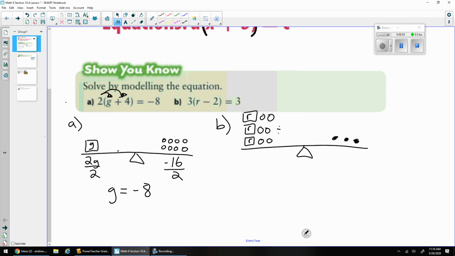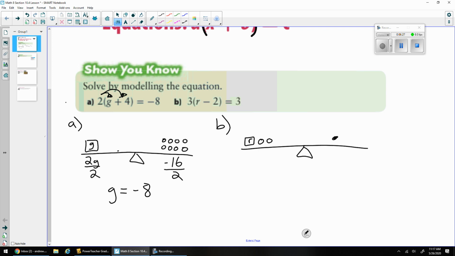So if I divide this side by 3 and this side by 3, I'm only going to have 1 out of those 3 left. So I get rid of these 3. That would leave me with just r and 2 negatives. And if I get rid of 2 out of the 3 on this side, that leaves me with just 1 positive.